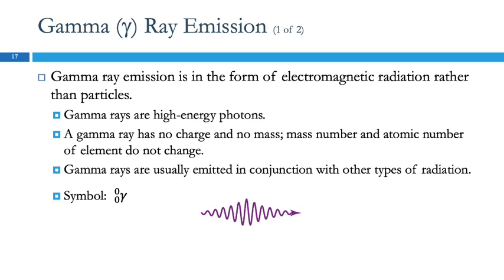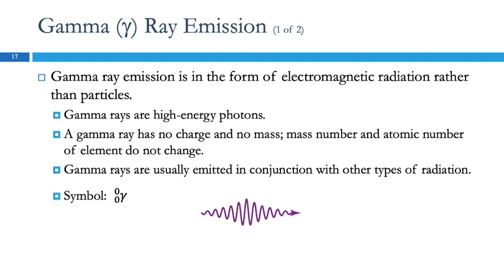And then we have gamma ray emission, and these are electromagnetic rays, radiation, not particles. So it's just energy. So gamma rays are high energy photons. If you remember the electromagnetic spectrum, we had the visible light spectrum in the middle with all the colors, and that's the part we focused on a lot.